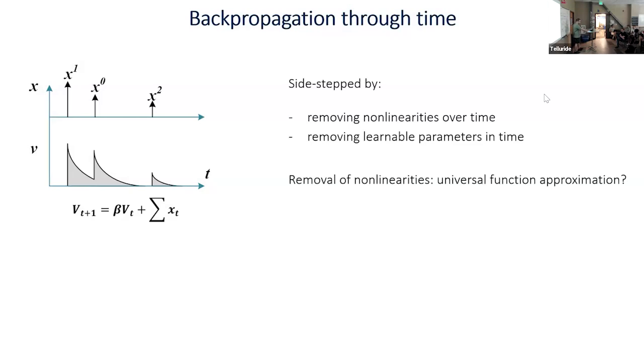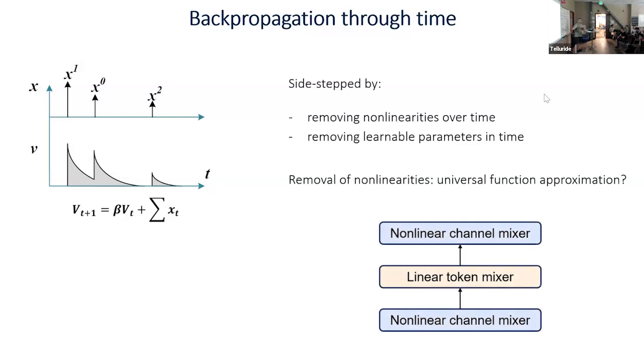Some people might also have this concern that removing your nonlinearities over time might break the universal function approximation theorem, right? And this is kind of easy to get around, because it turns out that as long as your linear token mixer is preceded by a non-linear channel mixer or a dense layer, whatever it is, that's sufficient.